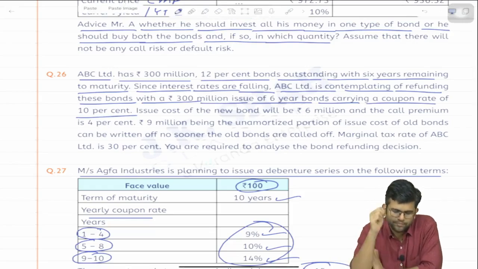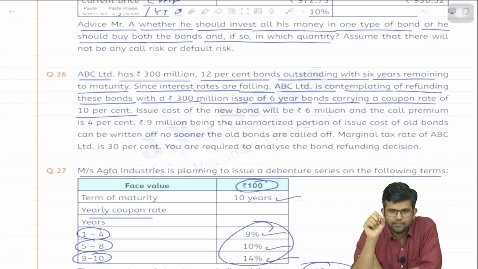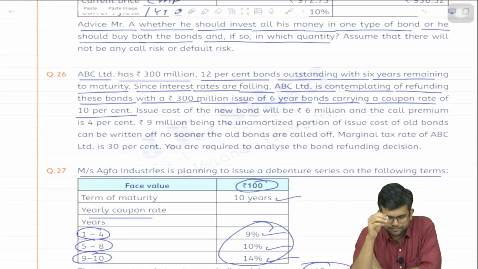What happened now? Let's say Bhavani is there. I am ABC Limited. Few years back, I issued these 12% bonds, and let's say Bhavani was the one who purchased these bonds. I am paying 12% as the coupon.